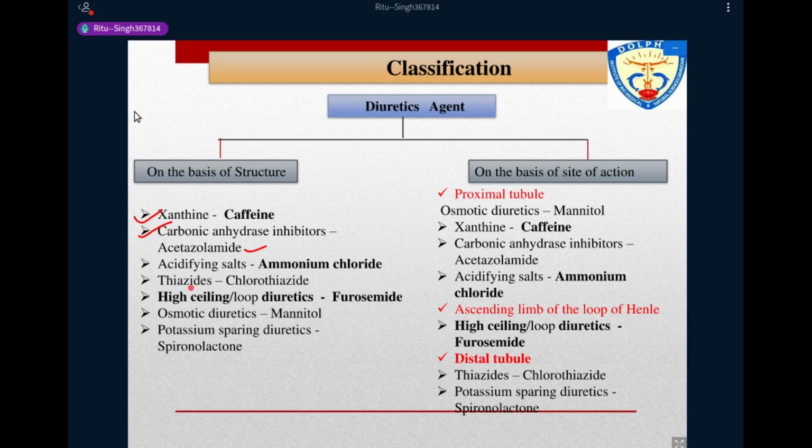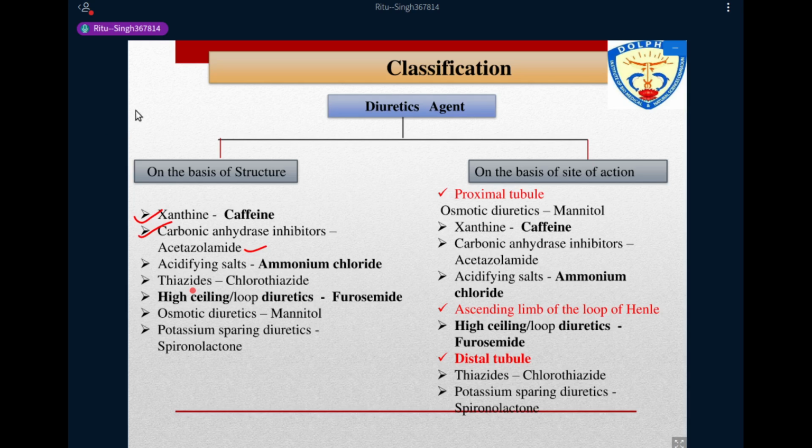The next and very important category of diuretic drug is thiazide. Thiazide drugs are structurally related to antibacterial drugs of the sulfonamide class.